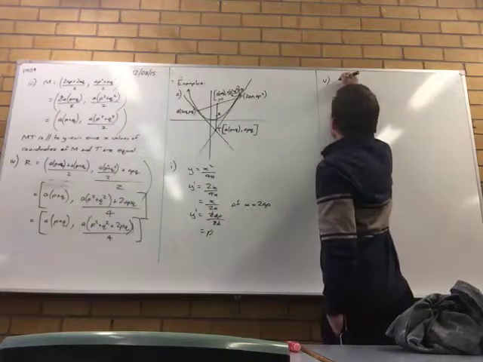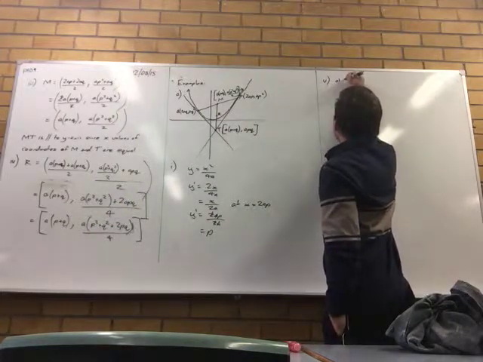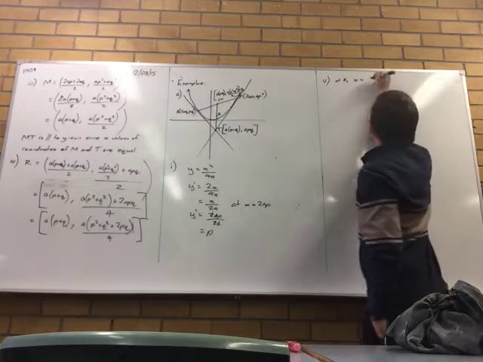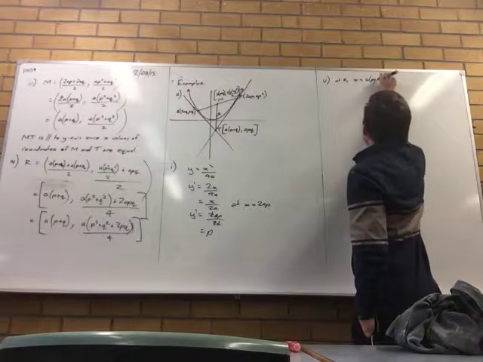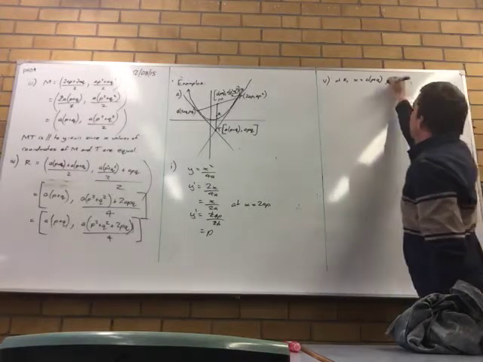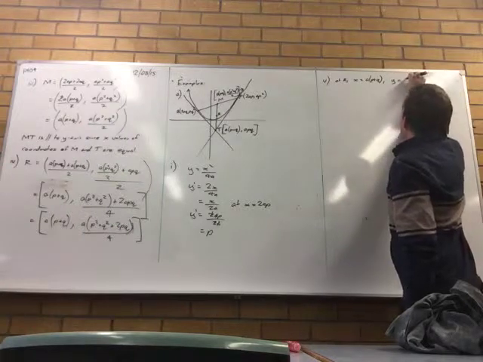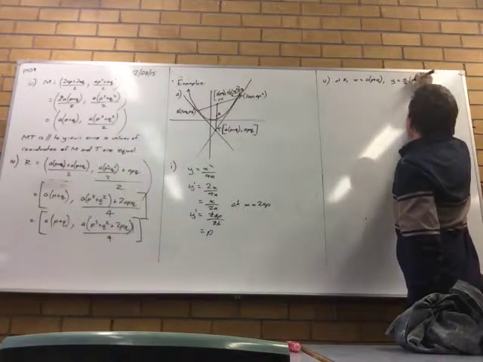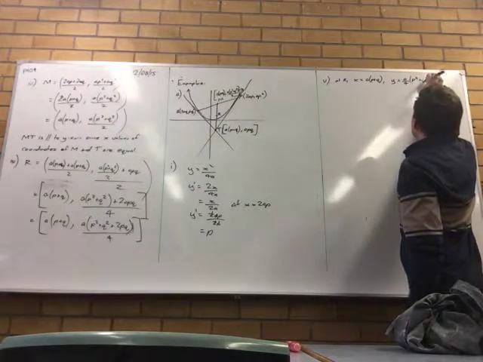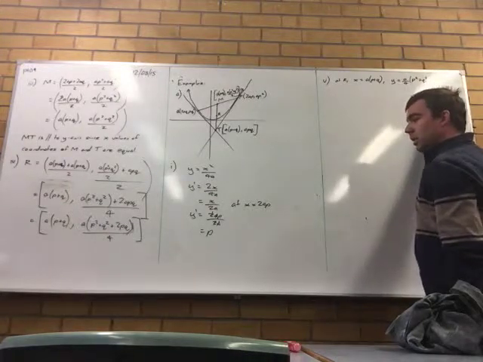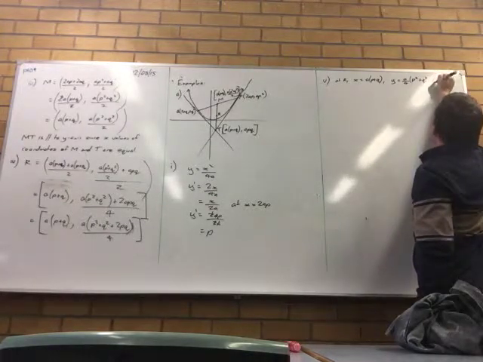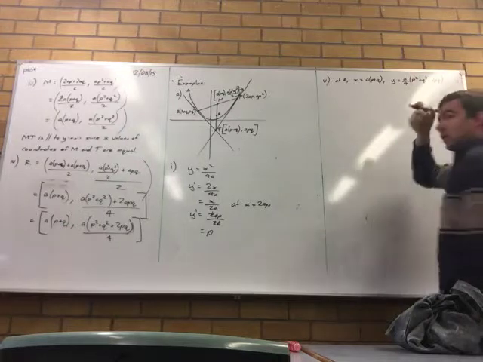Okay? So at R, x equals A outside of P plus Q, and y is A on 4, P squared plus Q squared plus 2PQ.